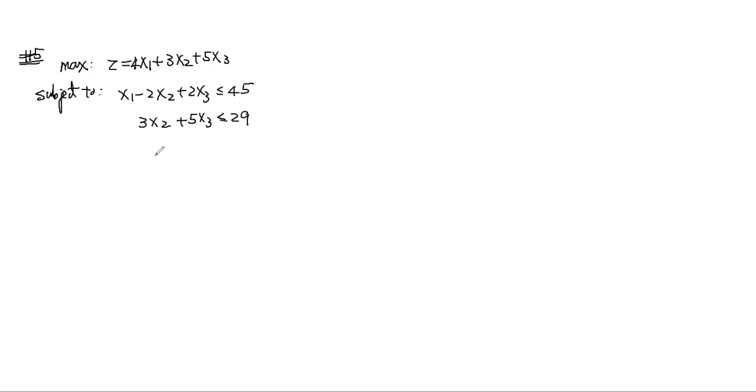The third one is -2x1 plus 5x2 less than or equal to 89. Then you have x1 greater than 0, x2 greater than 0, x3 greater than 0.